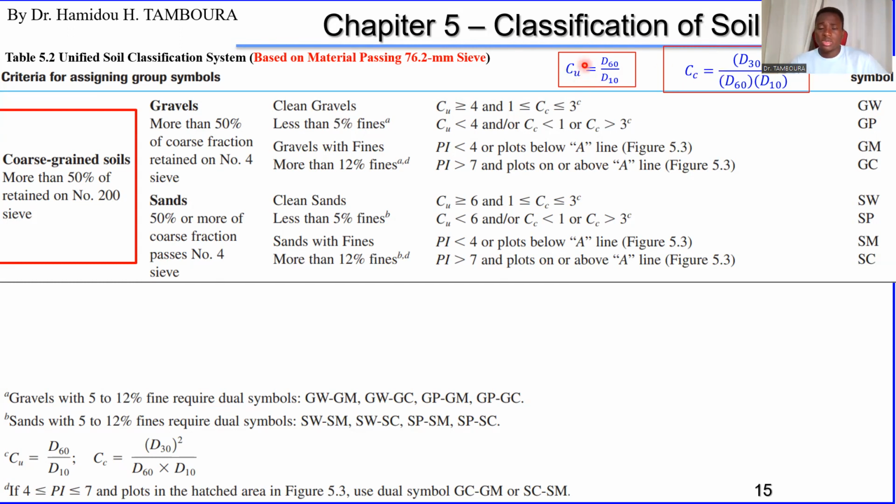This is how we calculate them: Cu is D60 divided by D10, and Cc is D30 squared divided by D10 times D60. If Cu is higher than 4, and Cc is between 1 and 3, the formulas are here anyway, then if these two conditions are respected, you are dealing with well graded. The grade is well graded. Okay.